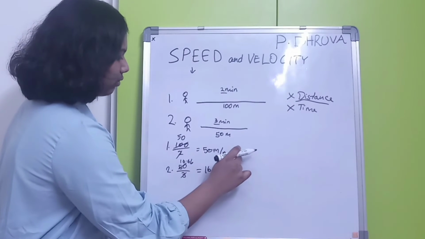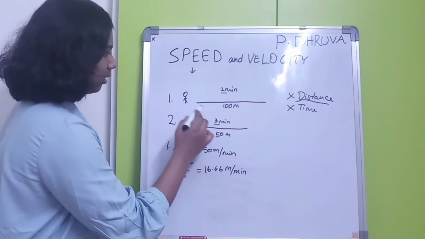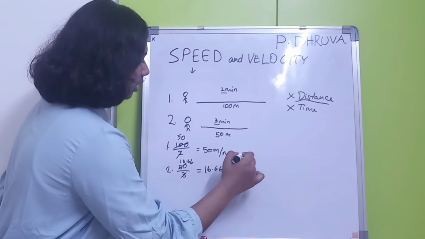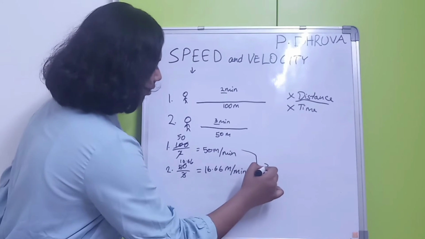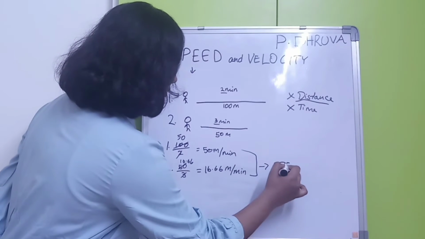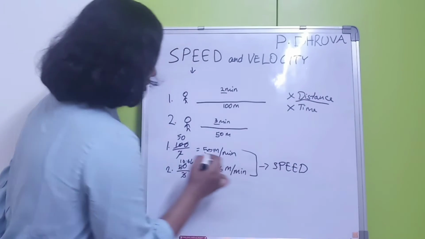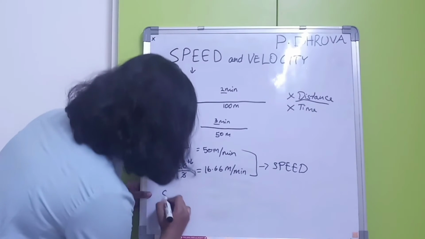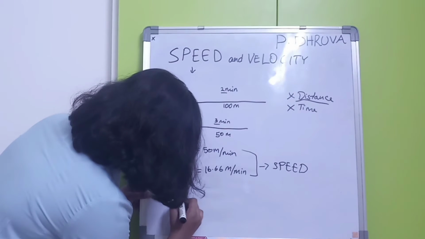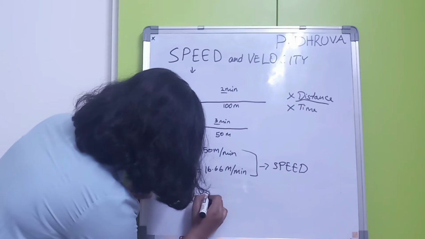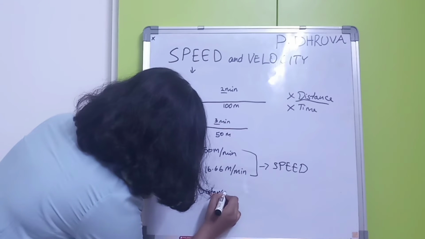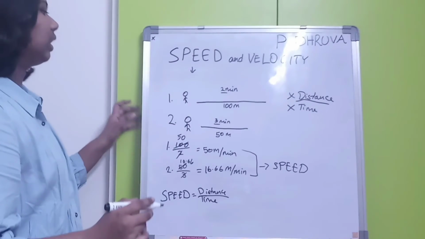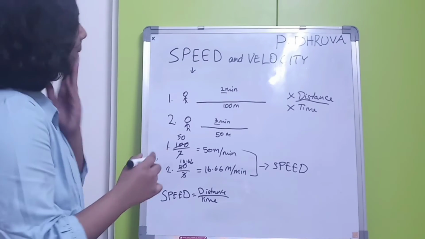And this rate which we found out, the distance covered by them in a minute, is nothing but speed. So by this we know the formula of speed, which is speed equals distance by time.